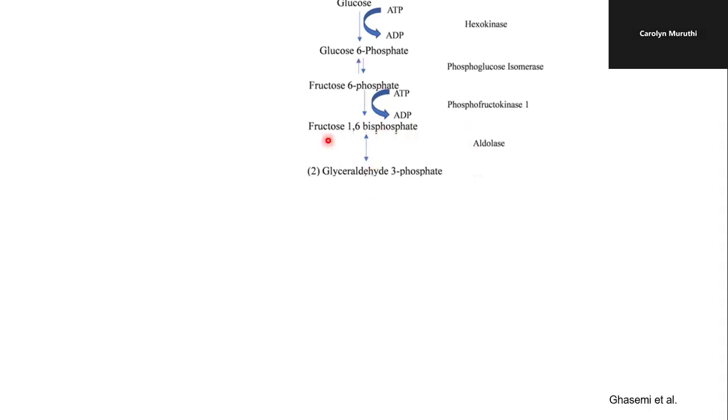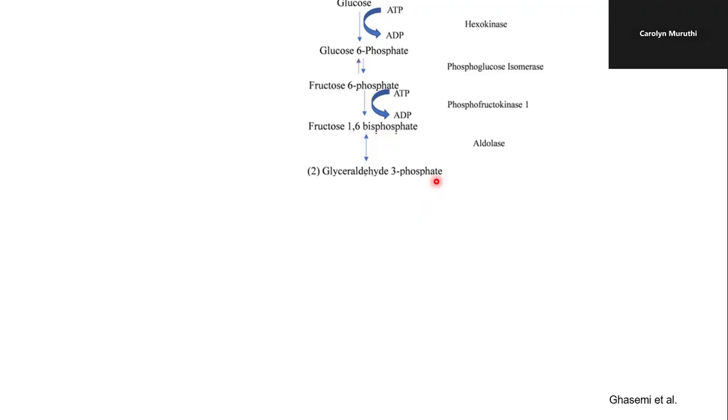Aldolase will then split fructose 1,6-bisphosphate into two 3-carbon molecules, that is dihydroxyacetone phosphate and glyceraldehyde 3-phosphate. Triose phosphate isomerase quickly interconverts dihydroxyacetone phosphate into another glyceraldehyde 3-phosphate, ensuring both molecules can continue down the pathway.